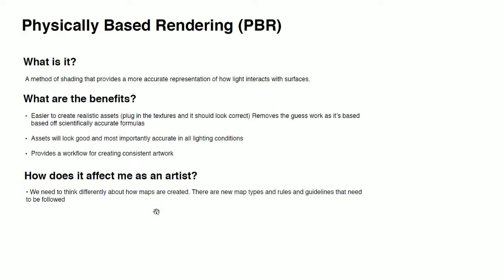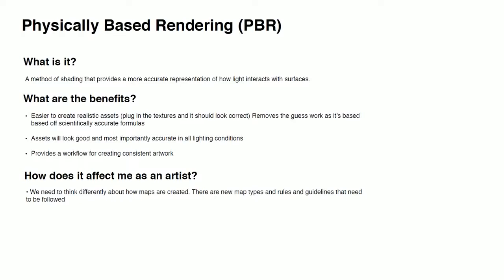And finally, something to think about is, well, this is all well and good, but how does it affect me as an artist? We need to think differently about how the maps are created. As you'll see as we go through this presentation, a lot of the heavy lifting is done by the shaders, but we need to think differently about how we create the artwork. That can be a barrier, or it can be easy.